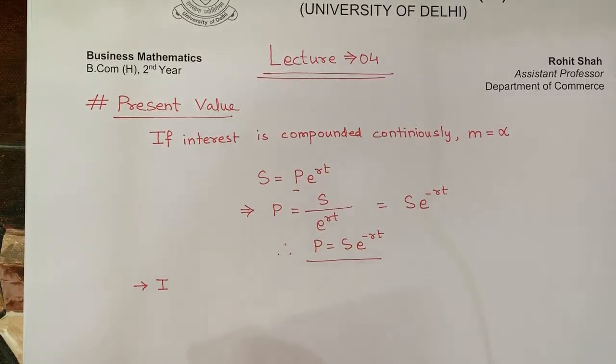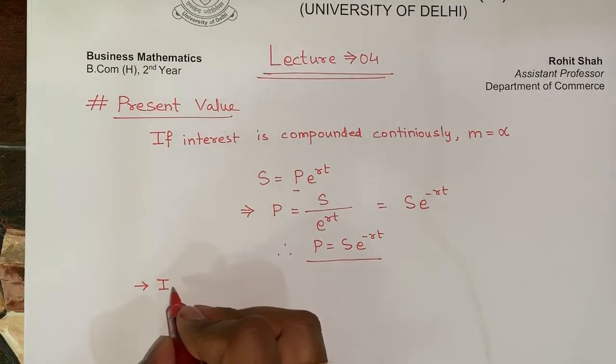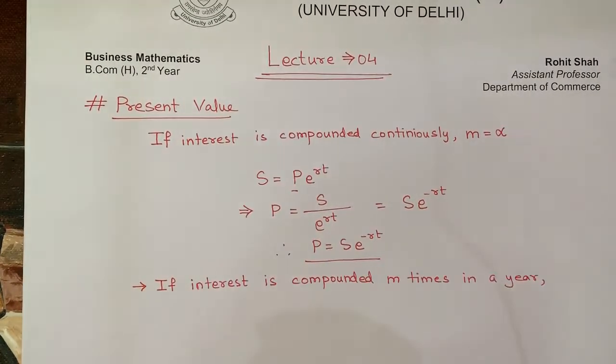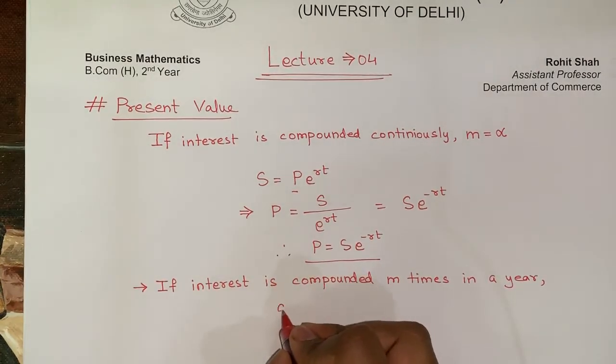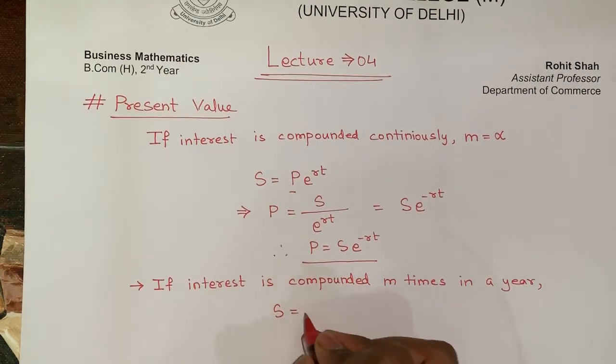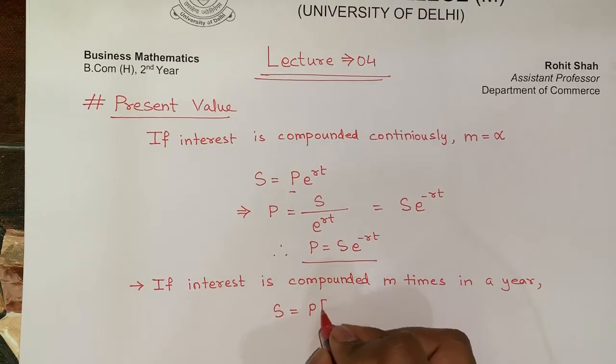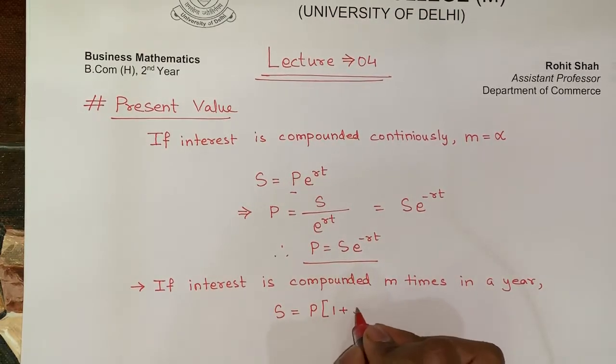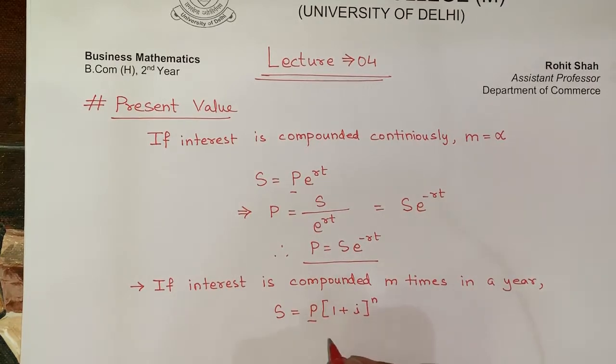But if interest is compounded m times in a year, then we all know that the formula for amount is equal to P (1 plus i) to the power n, where P is nothing but the present value.